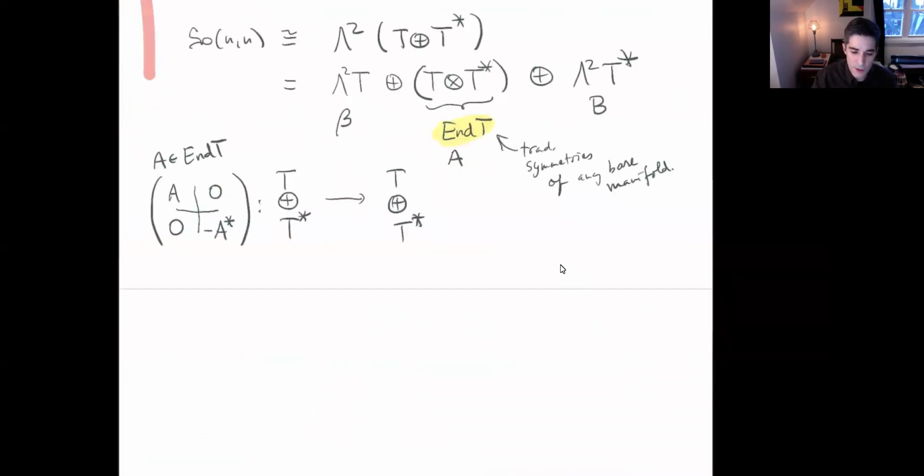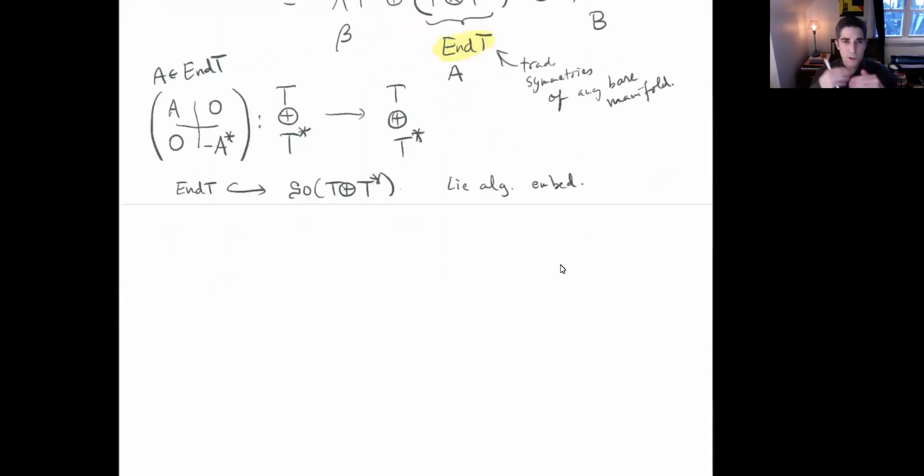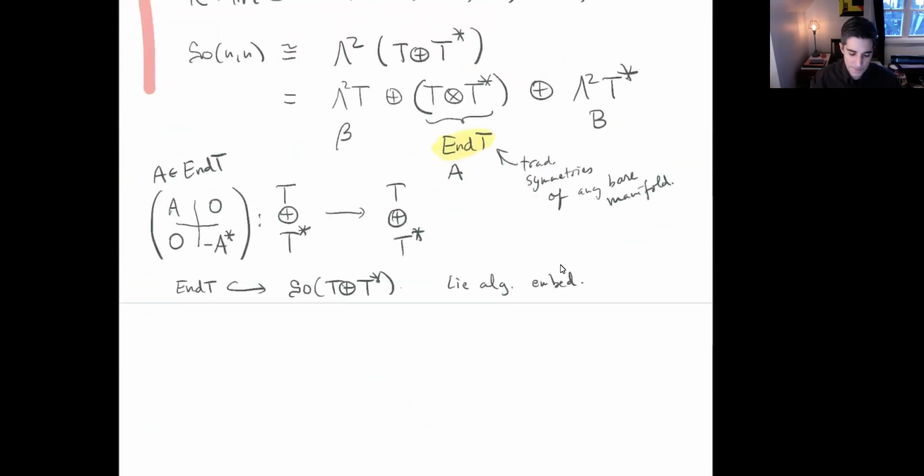So this is an embedding. This is how end T embeds into SO T plus T star. Lie algebra embedding. Okay, so this is the way that classical symmetries act on this generalized tangent bundle, T plus T star.